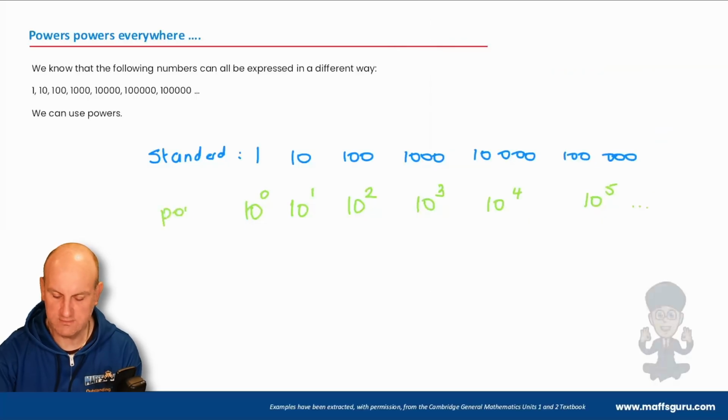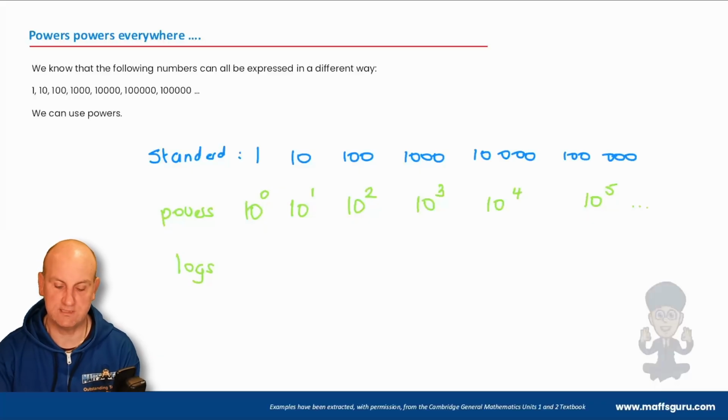So they're my powers. Now, logarithms, believe it or not, are just the floaty numbers. Logs are saying, how do we express numbers to a power of 10? So if I was now going to say, well, okay, let's change to orange, a gross color, but we'll give it a go anyway.